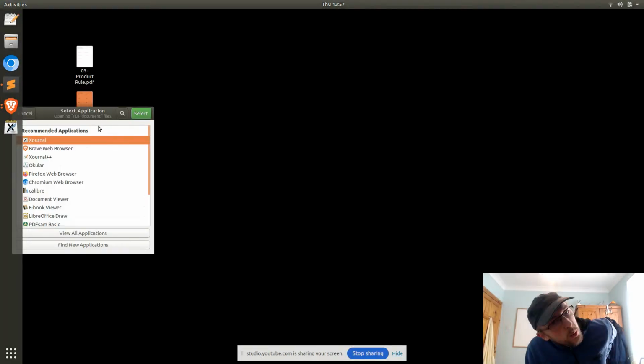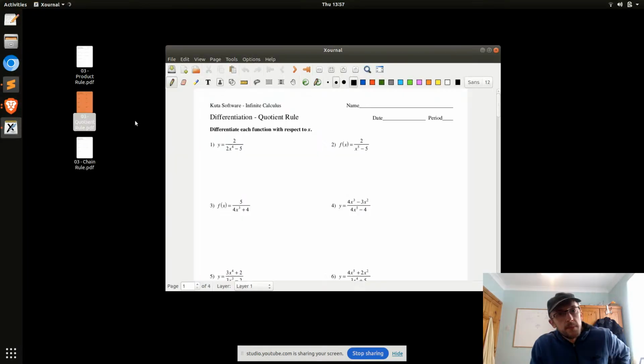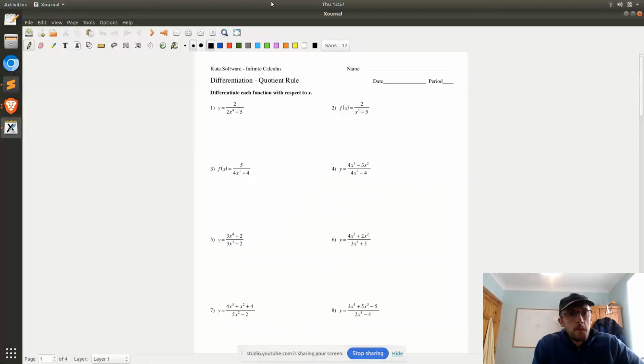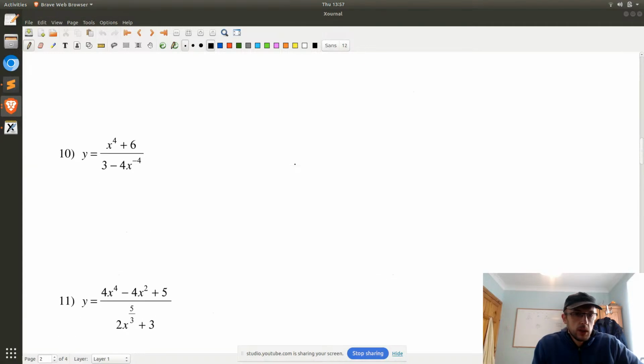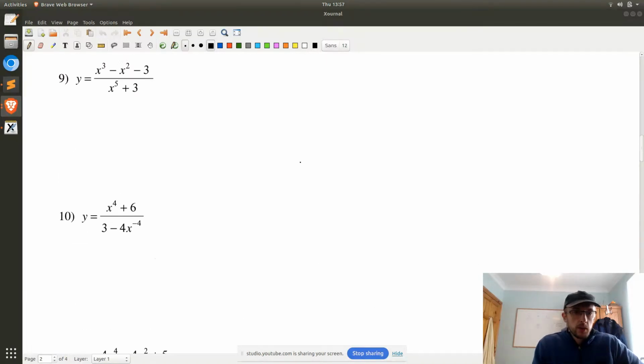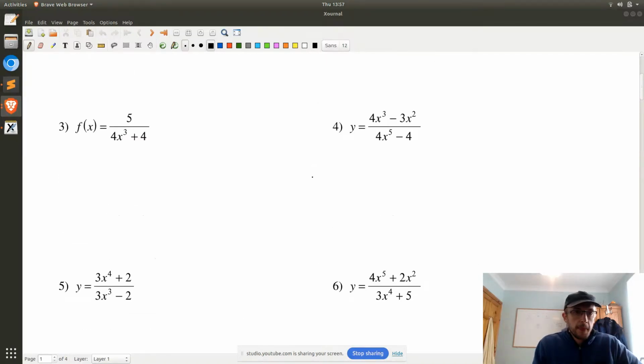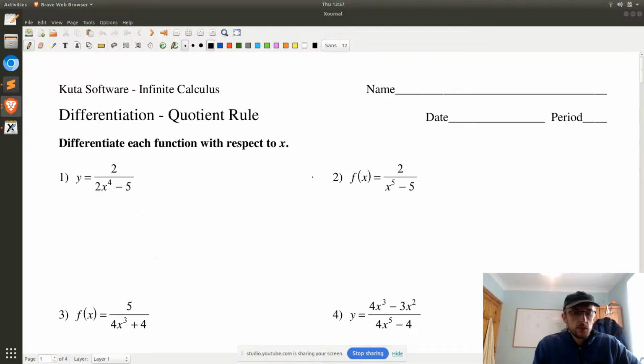Now on to the quotient rule. Now, what is the quotient rule? Well, the quotient rule is a way of finding the derivative of one function divided by another function.